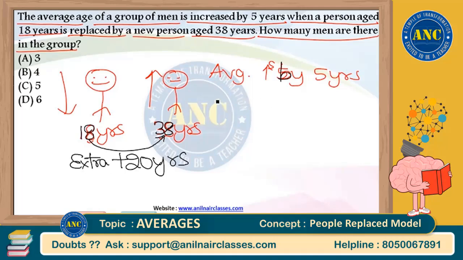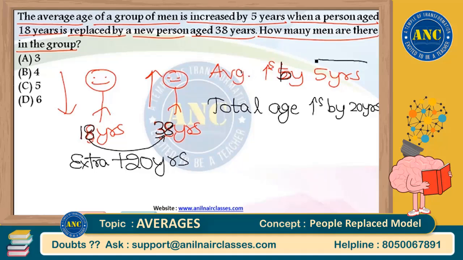Or in other words, can I also say that total age increases by 20 years? And it is also given that average increases by 5 years. If average of how many people increases by 5 years, total age will increase by 20 years.